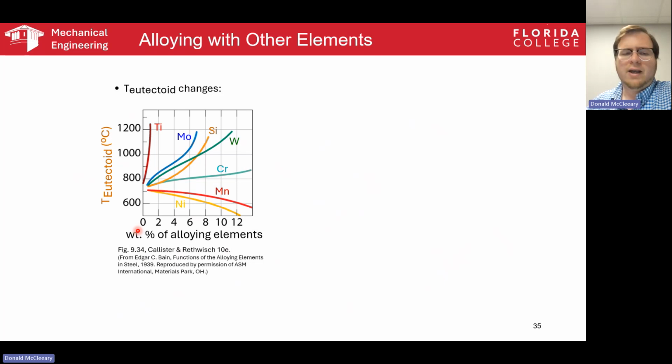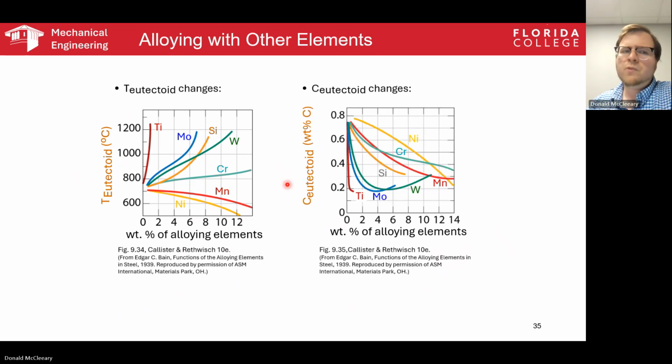So if I add in 6 weight percent of nickel, it's going to drop my eutectoid temperature by a certain amount. And the composition of the eutectoid also changes as you start alloying more elements, right? So like silicon, as you increase the weight percent of silicon in your steel, your concentration of the eutectoid is going to drop.